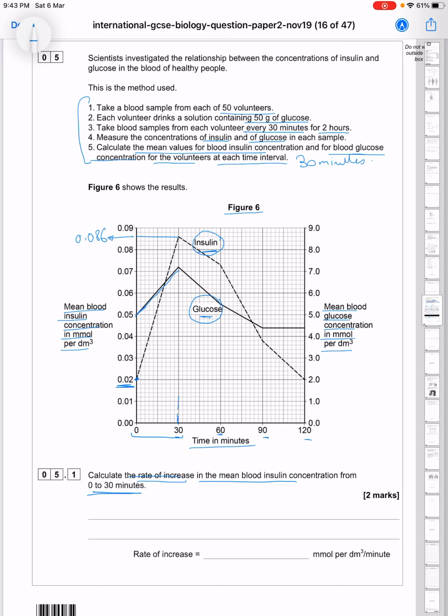You just need to go up in a straight line, and it will give you the reading, 0.086.